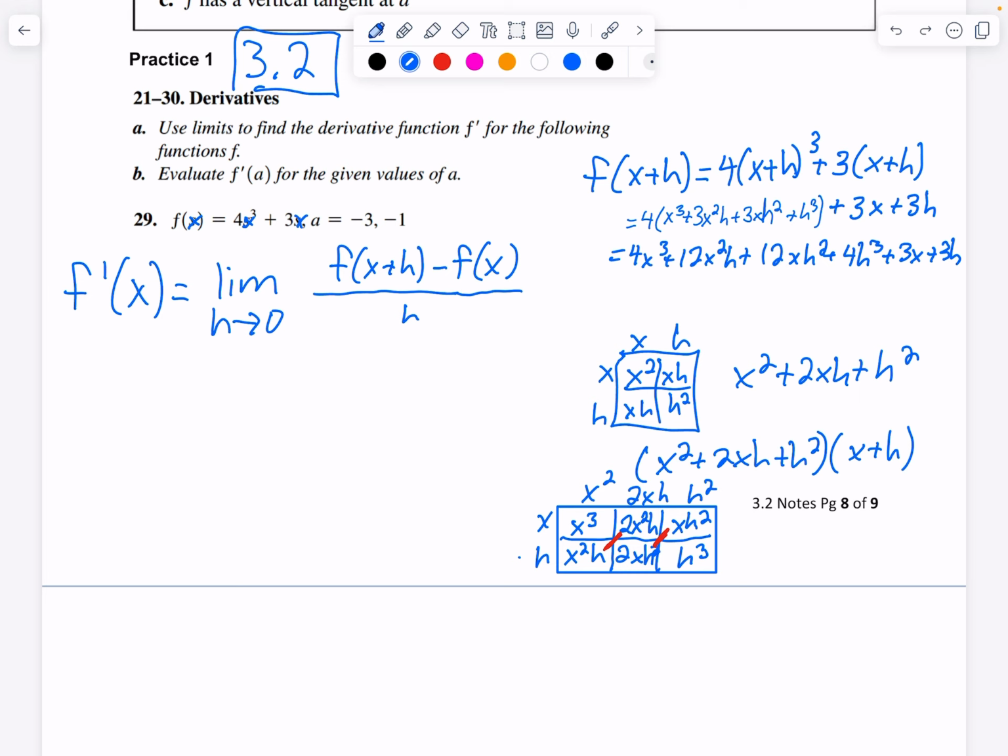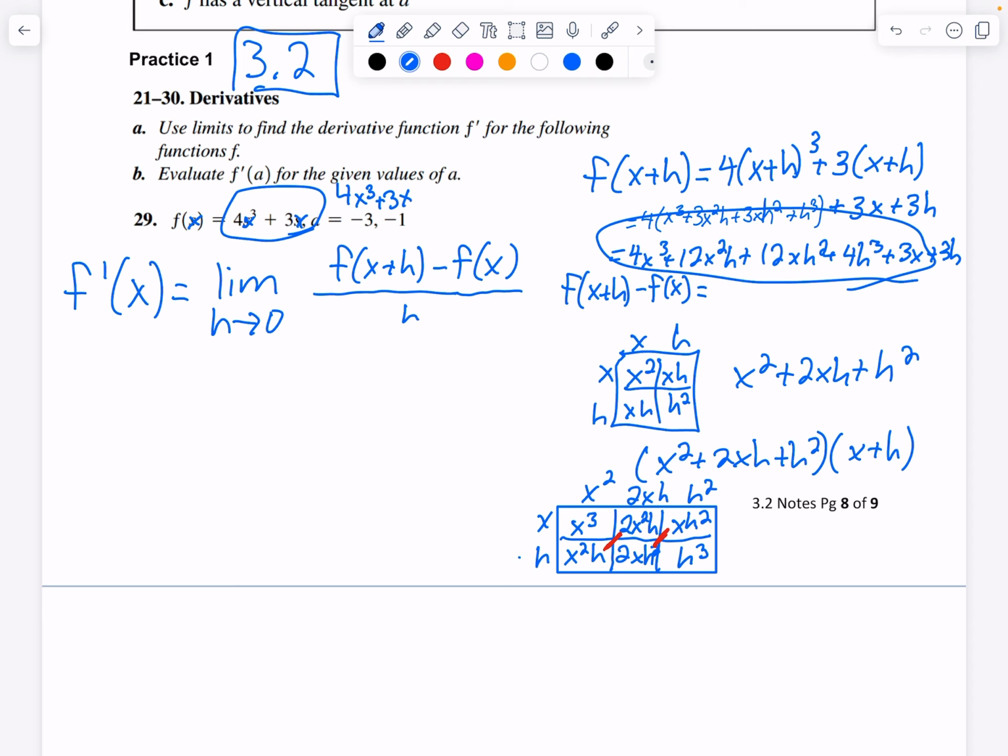The next thing we're going to have to do is take that and subtract f of x. Let's do this all at once. I'm going to subtract this away from that.